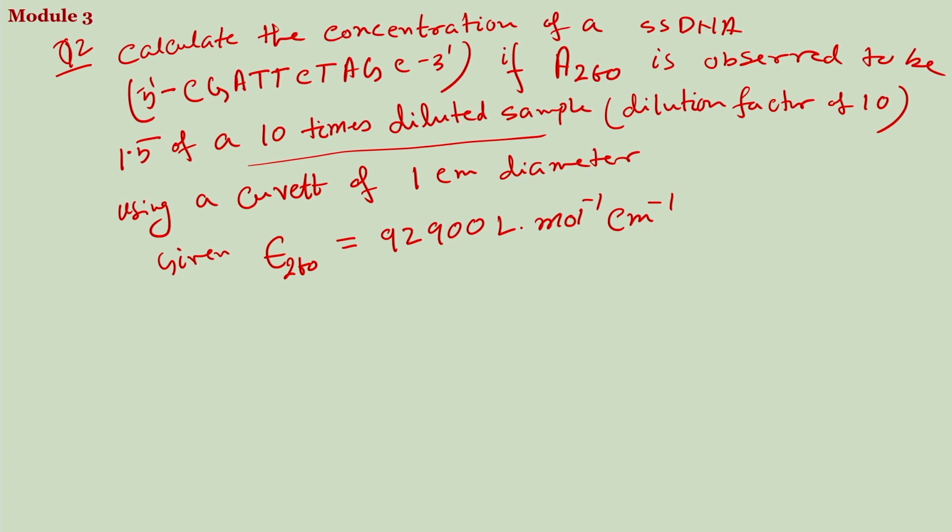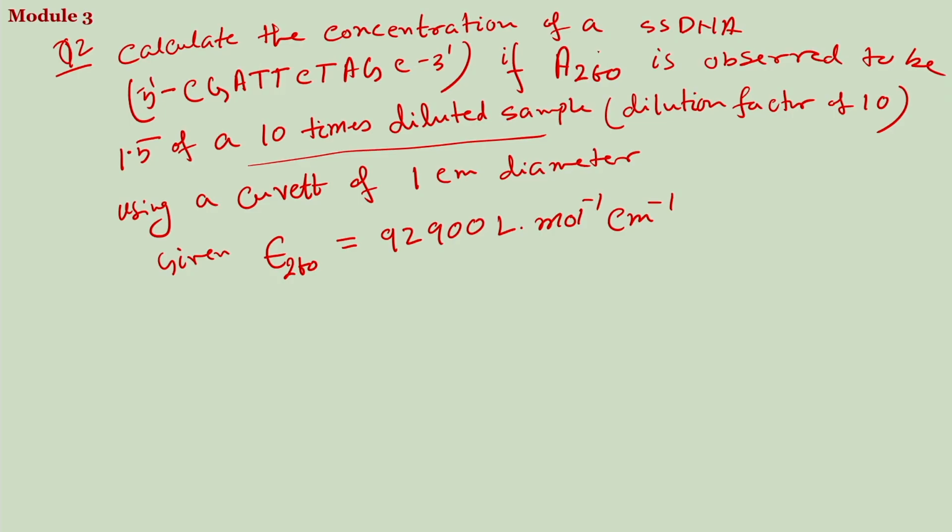You are given a single stranded DNA which has this sequence, and when you are measuring the UV absorbance at 260 nanometer, you have used a 10 times diluted sample from the parent DNA stock.